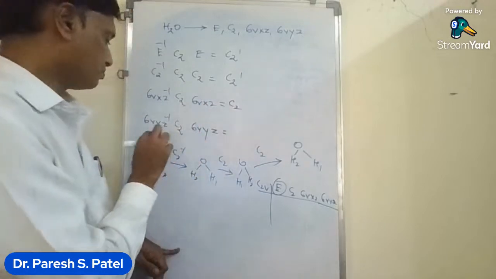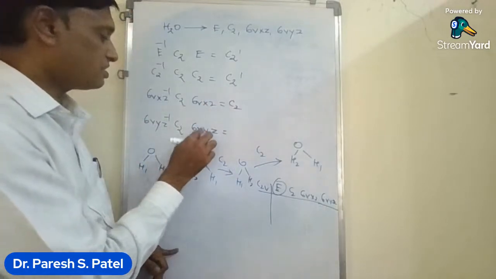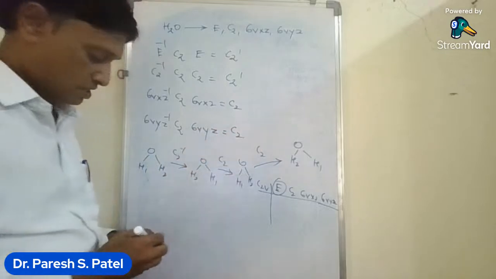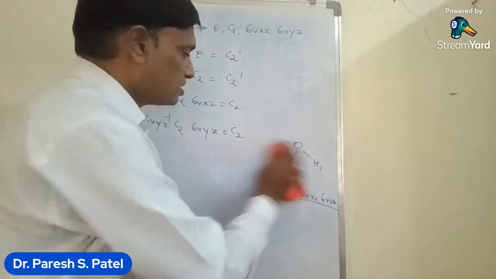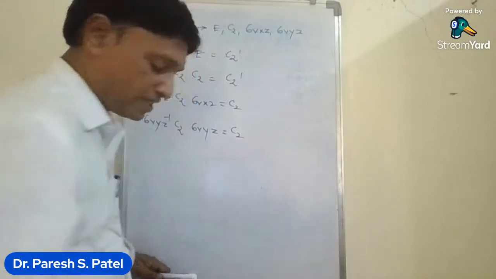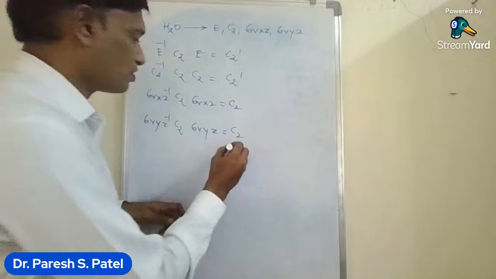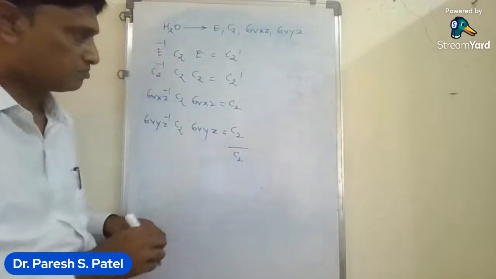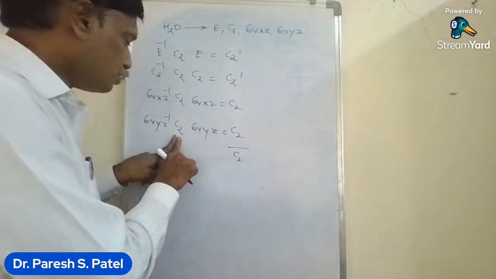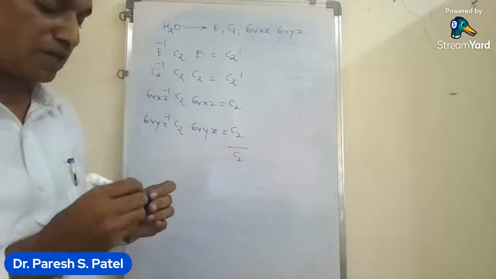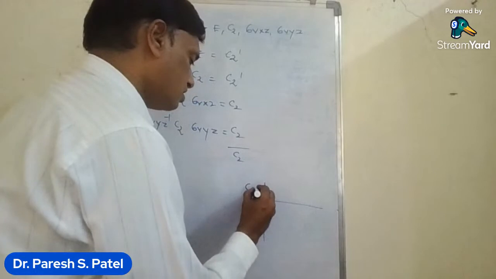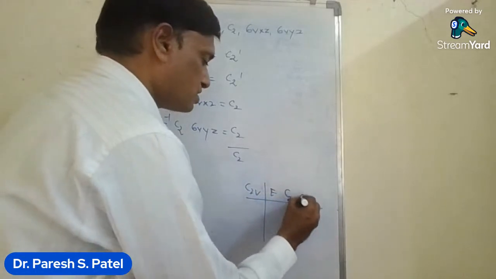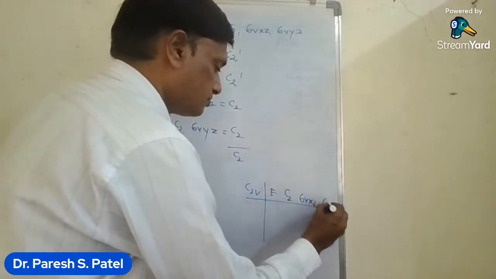The overall result is C2. So in case of water molecule, C2 is conjugate to C2 itself to form an individual class. So whenever we talk about the character table of C2V, C2 is an individual class.